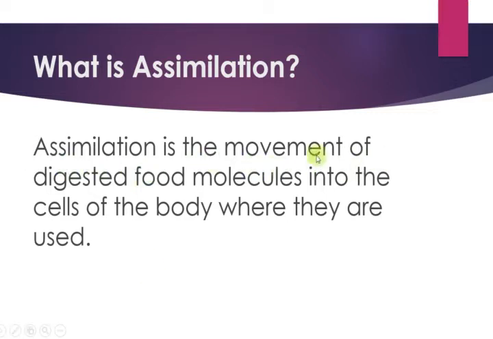Assimilation is the movement of digested food molecules into the cells of the body where they are used. Digested food molecules here refer to the final products of the digestion of the food, which are absorbed into the blood capillaries. So the assimilation will occur after absorption. I repeat, assimilation is the movement of digested food molecules into the cells of the body where they are used.